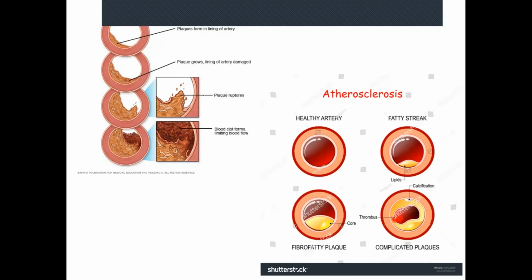For example, plaque rupture. If this plaque ruptures, these small pieces can go to the small arteries in our eyes, for example, or in our finger, in the leg, or in the arm.